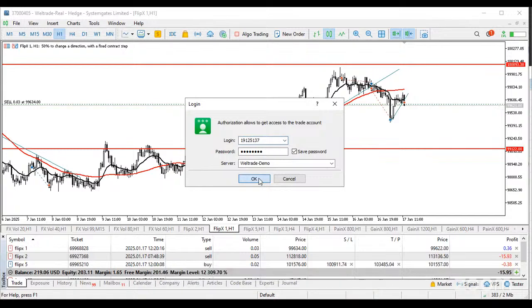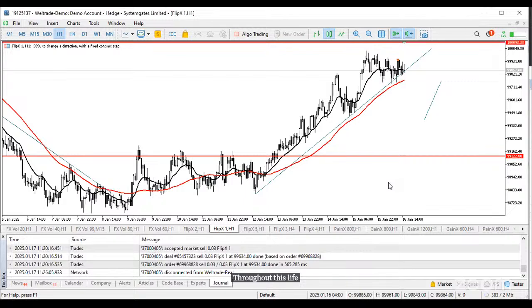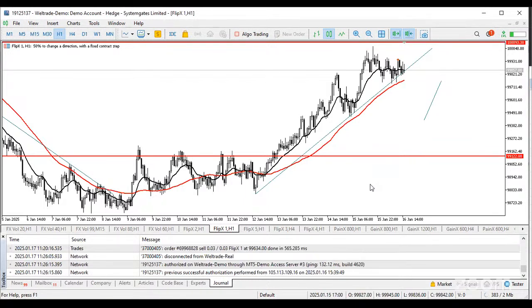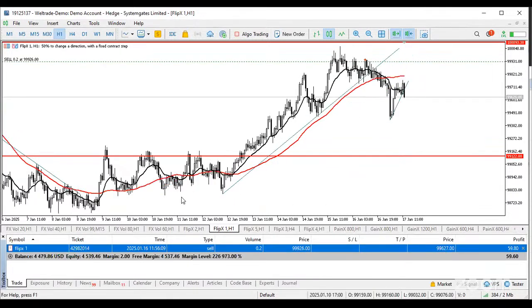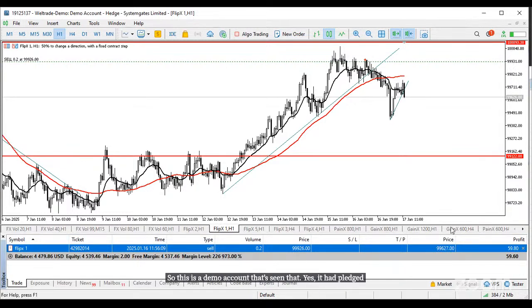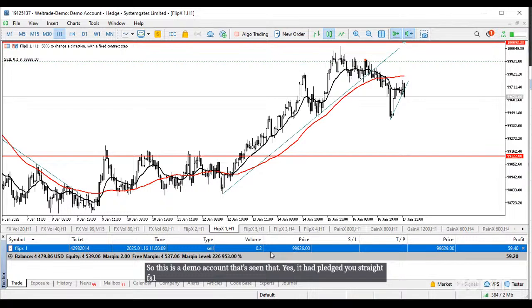So this is live, this is the demo account. You can see that yesterday I played this trade, FS1, with 0.2.